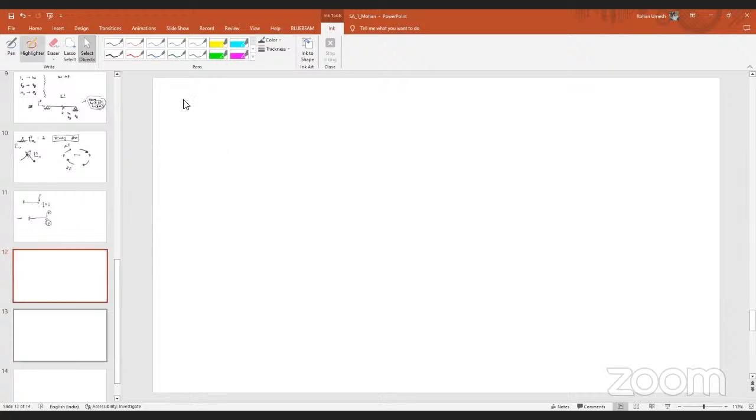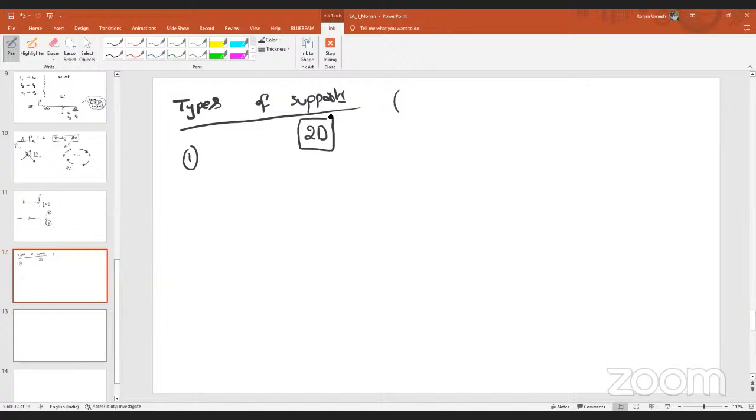Now let us talk about types of supports. Even though it is not a support, let us first discuss on the left hand side the structures that we are analyzing in a two-dimensional plane.